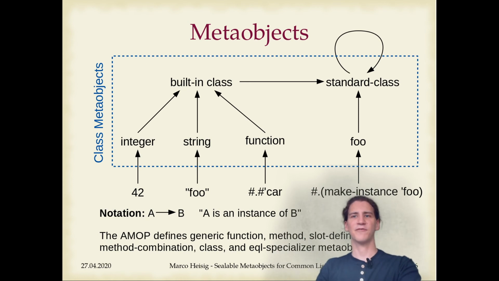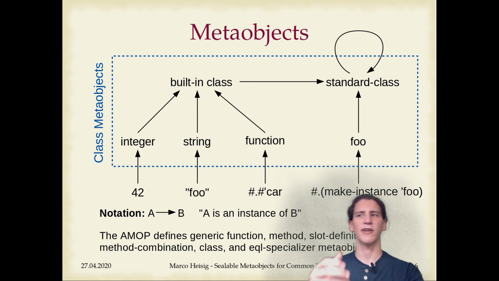And I try to illustrate this here for some examples. So typically a programmer works with something like a number or a string or a function, or an instance of some class. But Common Lisp also allows us to take those classes as first-class objects, so we end up with the class integer, the class string, the class function, or our class foo that we defined ourselves.